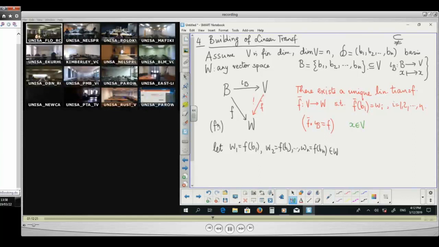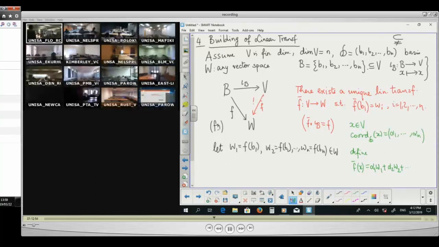So you define F bar of x to be alpha 1 W1 plus alpha 2 W2 and so on, and I leave it to you to show that this F bar is a linear transformation.